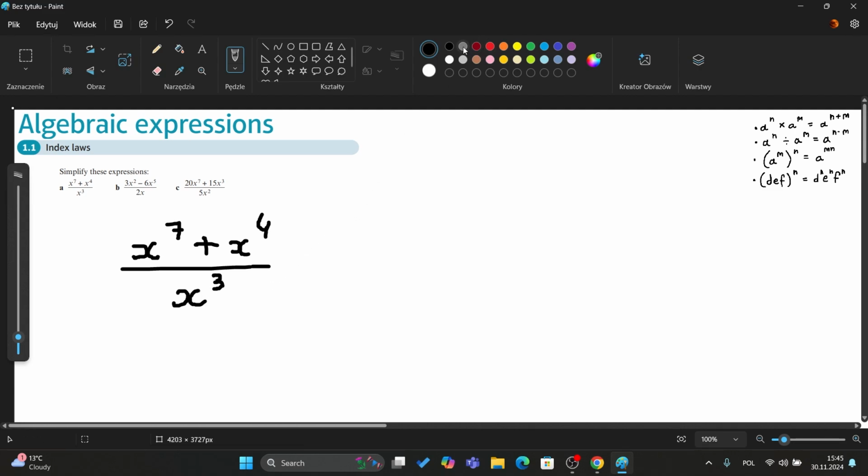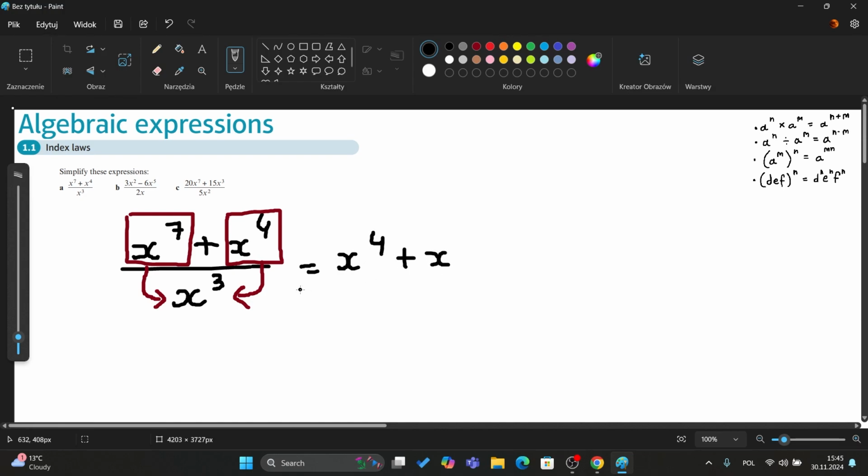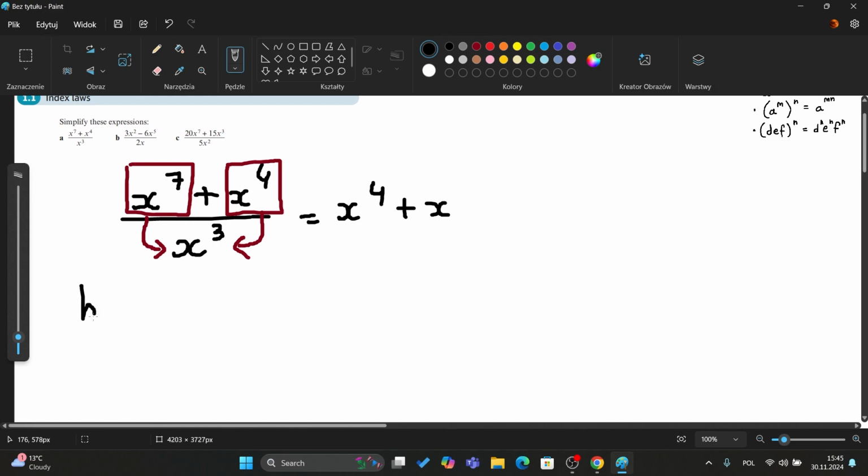What happens is all the terms on the top get divided by the bottom. So basically, x power 7 is getting divided by x cubed, and this part, x to the power 4, is getting divided by x cubed as well, to give us x power 4 plus x. Simple.